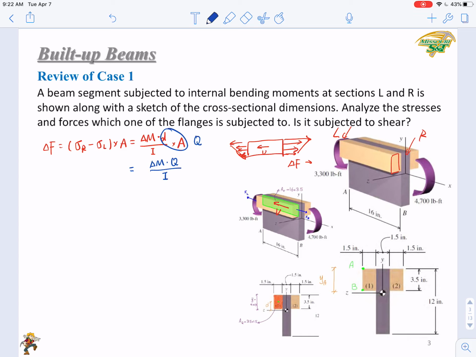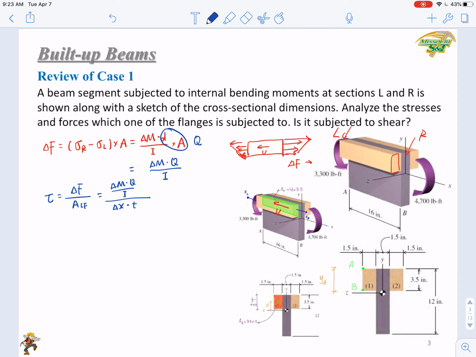Then to calculate the tau on the interface, on the green colored interface, the tau will be just V over the area of the interface, where V equals delta F. So we get delta F over A interface. Here you get delta M Q over I, over delta x times t.